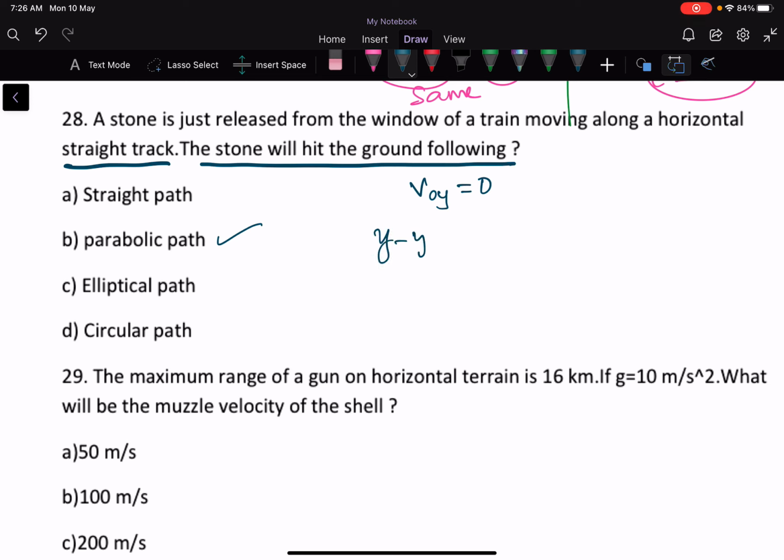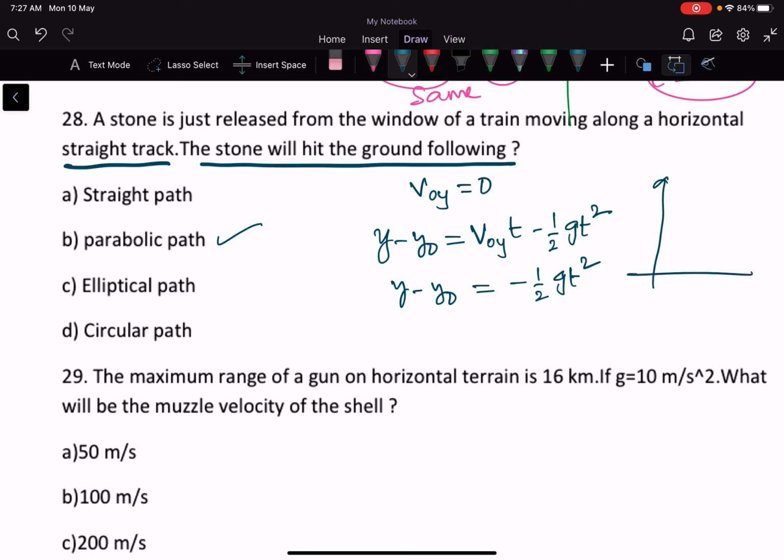From the second equation of motion, y minus y0 equal to v0y into t minus half g t square, so y minus y0 is equal to minus half g t square. If we take y along the y-axis and time along the x-axis, y is proportional to t square. This indicates it is a parabolic equation.